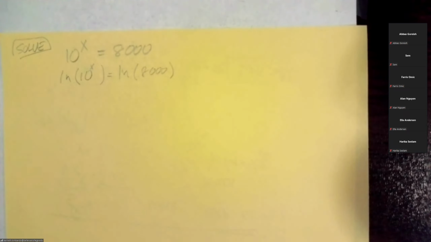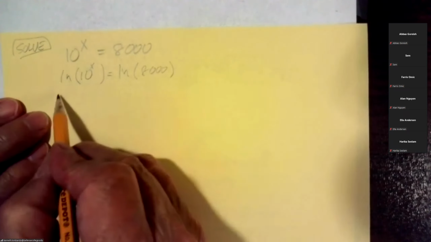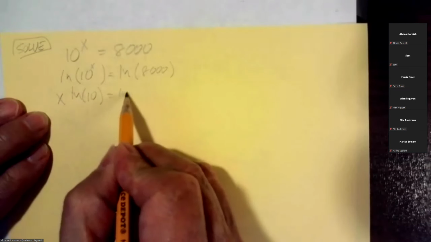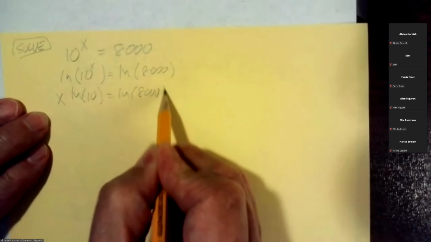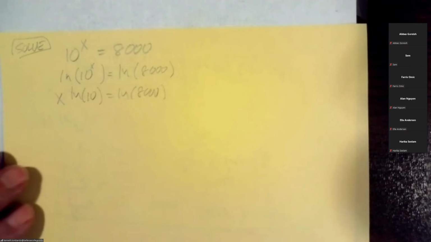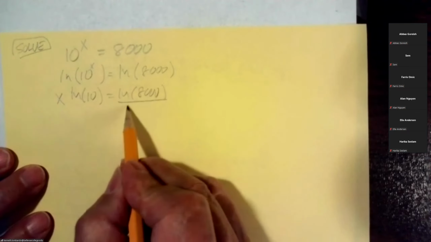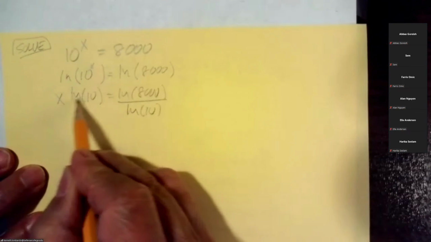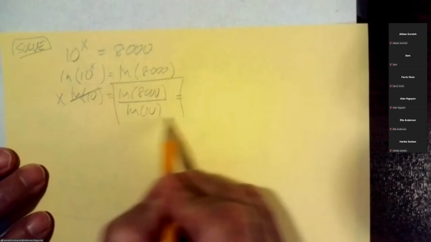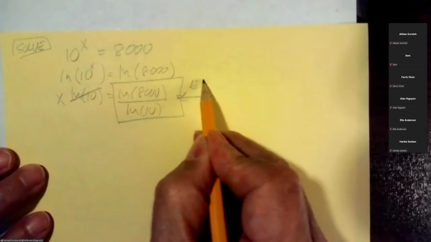Bring out the x in ln 10, so that's x ln 10 equals ln 8,000, okay. All right. Now what? And then divide both sides by ln of 10, so that goes away. And then we could either keep it that way for the exact answer, or we could put it through a calculator.